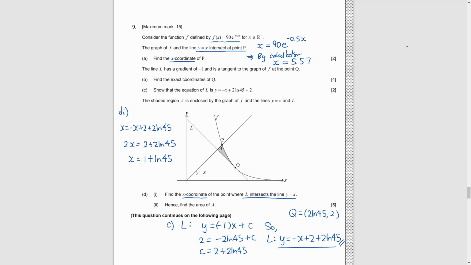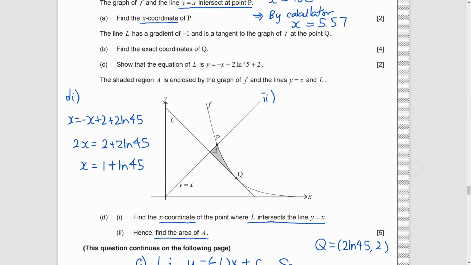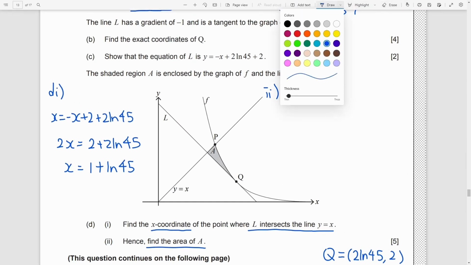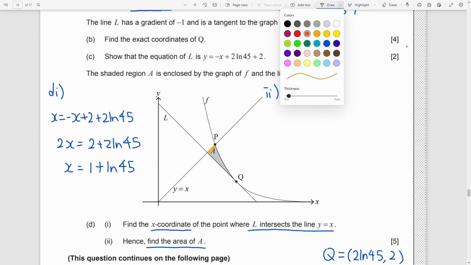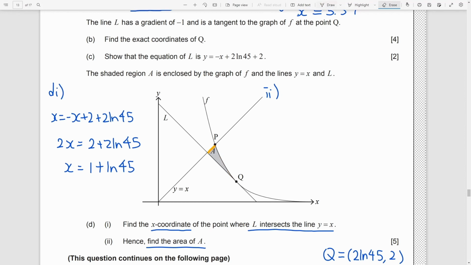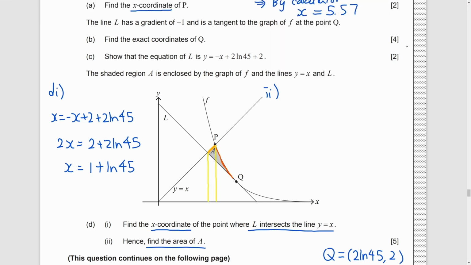Then, we need to find the area A shown by the graph. Obviously, we need to use a definite integral for this kind of question. We need to check which line is on top and which line is at the bottom. We need to be careful, since there are more than 2 lines here. We cut it in this way.